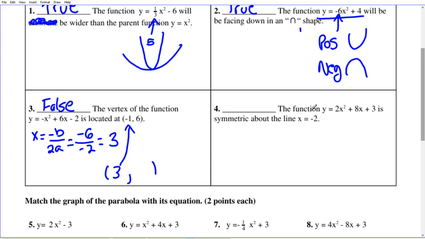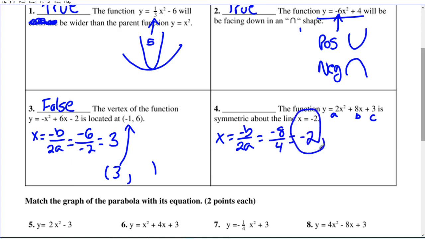Number 4, the function that is symmetric about the line x equals negative 2. All right, same deal we were doing a second ago. So x equals opposite of b over 2a. Opposite of b over 2 times 2, my a value is 2, 2 times 2 is 4, and that gives me negative 2.